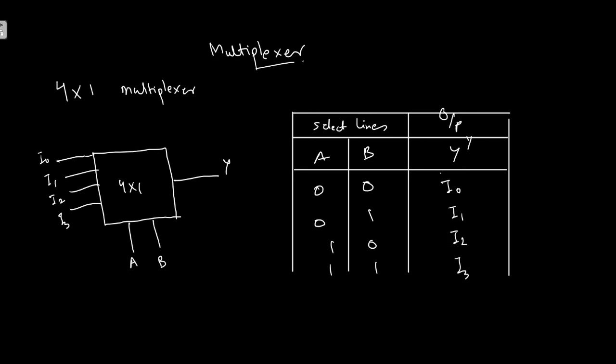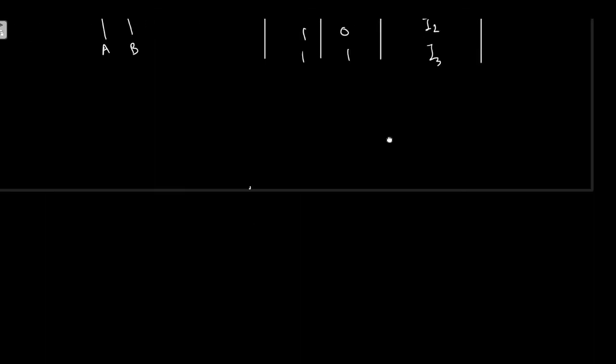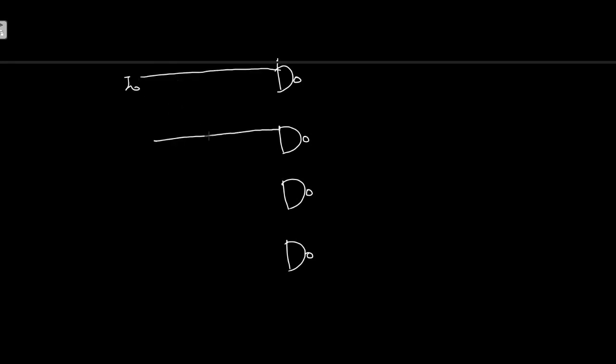Similarly we can also draw a logic diagram. Here for the logic diagram we can use NAND gates. For this we use 4 NAND gates. Inputs are I0, I1, I2, I3.